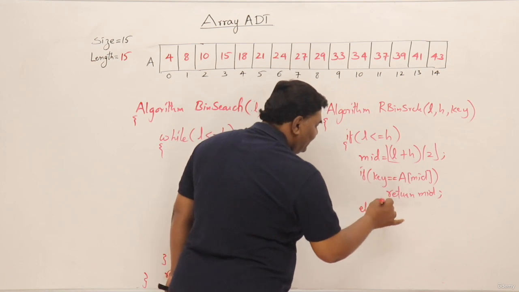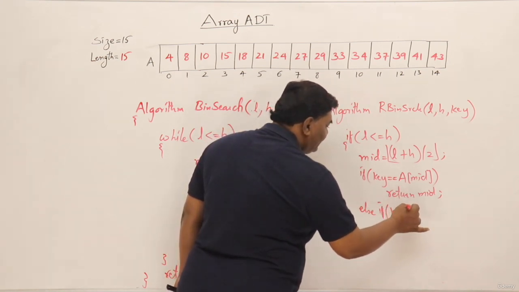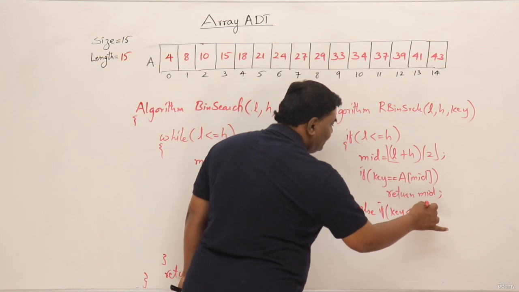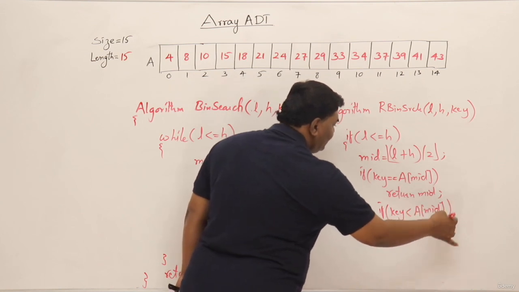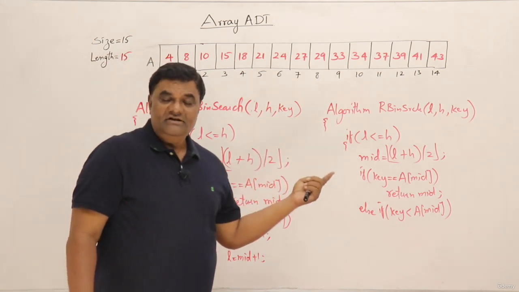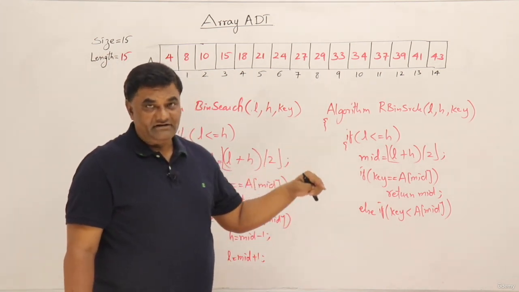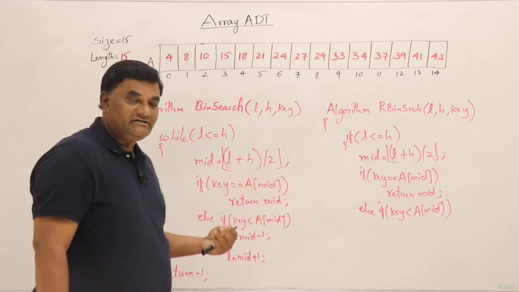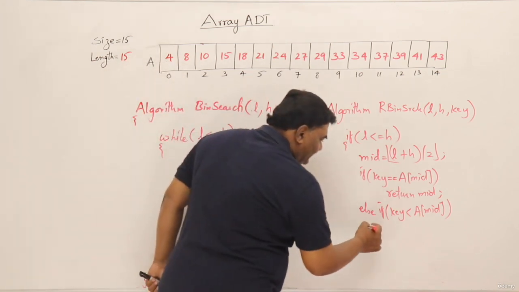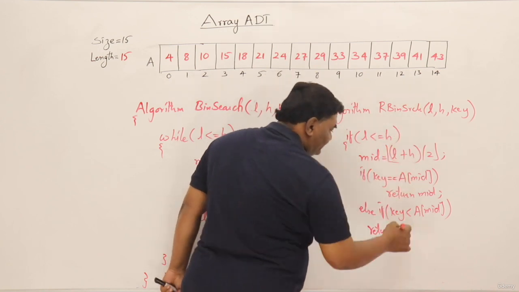Else, if the element is on the left hand side, check if key is less than A of mid. If key is less than A of mid, then we have to search on the left hand side. So this procedure can call itself recursively for searching on the left hand side. So say return R binary search.